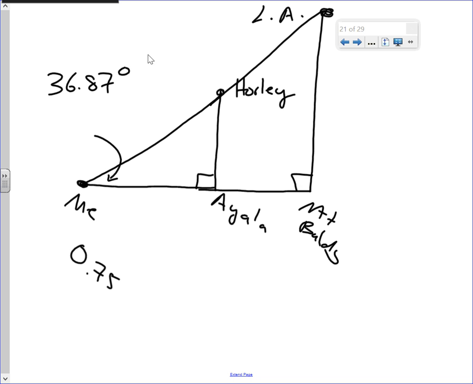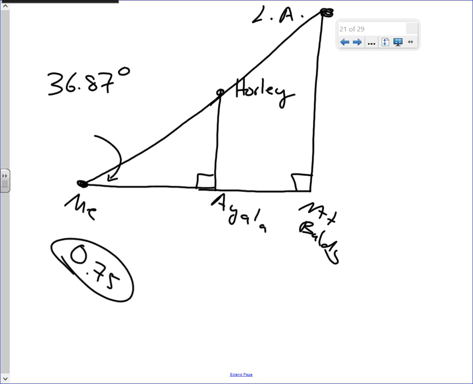Right angle? So now I'm looking at Mount Baldy, same line of sight, same angle. If I know the distance between me and Mount Baldy and between Mount Baldy and LA, it's still going to be this ratio.